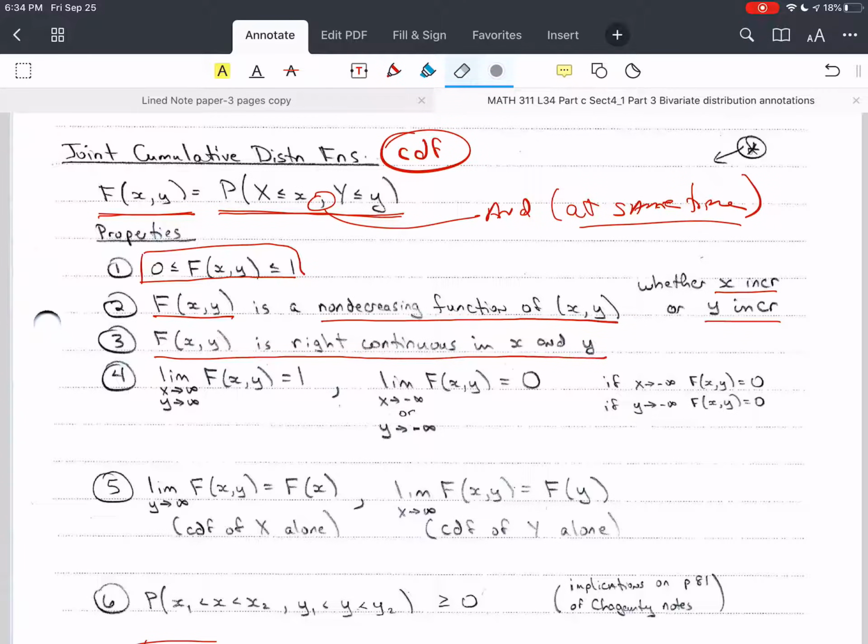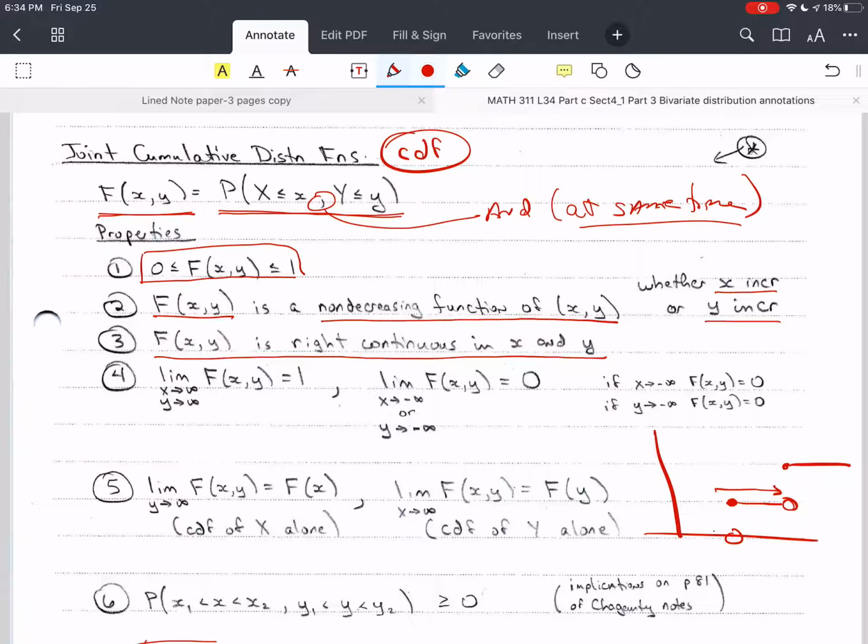With the univariate, it was just right continuous. So we would have, let's say, here, here, and then we'd have a jump, and then we'd have here. And so coming from the right, it was continuous because this point was there. Coming from the left, it is not continuous because if we come from the left, then this point doesn't exist.